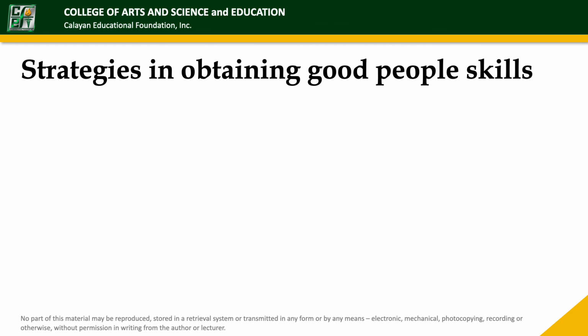Okay, so these are the strategies in obtaining good people skills. So, first is good communication skills. So, strong skills in the communication area include the ability to take in information, clarify comments, and participate in effective verbal and written exchanges. Katulad nga nung nabanggit ko before, kaya ba natin na makipag-usap sa lahat ng klase ng tao?